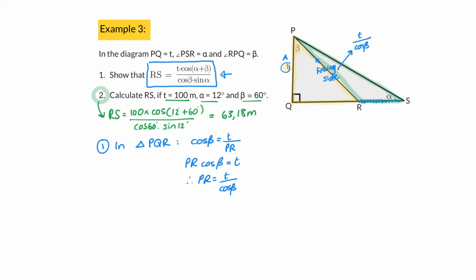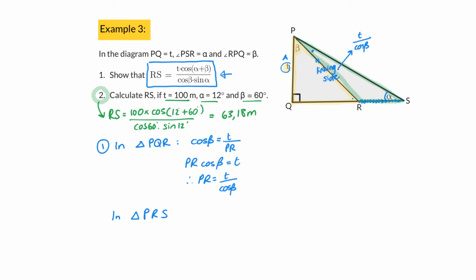So next, I'm going to move on to triangle PRS. Now in PRS, I have an angle alpha, and I have the length of a side, but I'm going to need another piece of information. Now, the easiest rule to use would be the sine rule. Remember, it's not a right angle triangle, so I can't use the ratios.